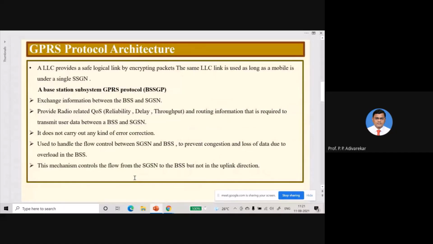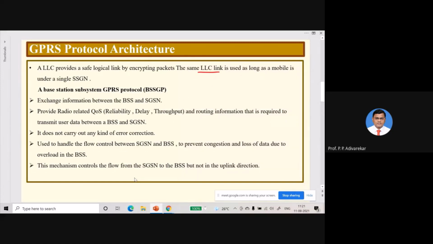So before that, we'll see that LLC is another layer protocol in the controller, which was previously also observed in GSM. We have seen that LLC was present in GSM also, and it provides a safe logical link by encrypting packets.